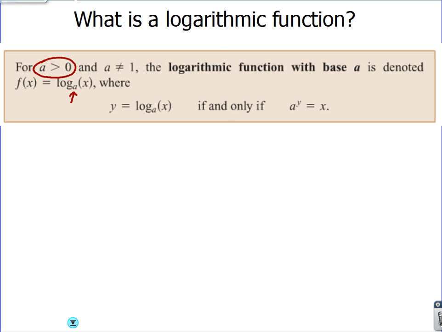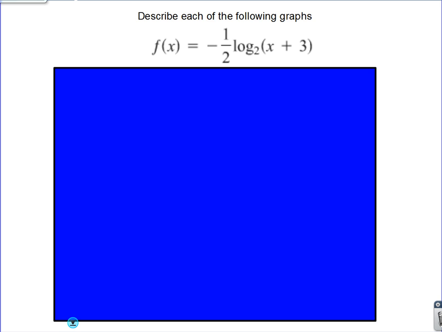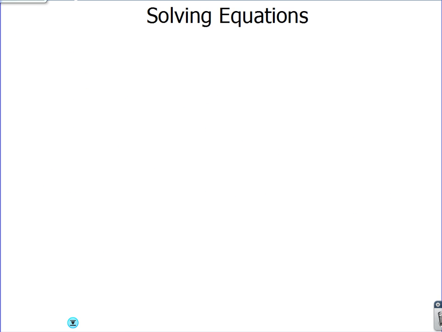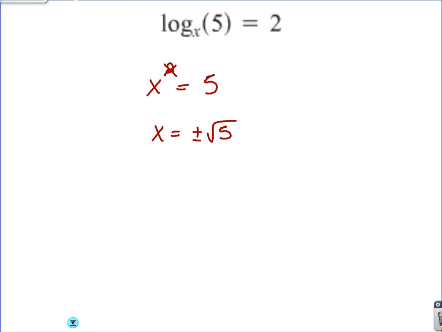So with that said, not positive, negative square root of 5, you can just leave that as positive square root of 5, because the base of a logarithm, you see x as the base, is always positive. And you can check that, the square root of 5 to the second power is 5. That checks out. Moving on.